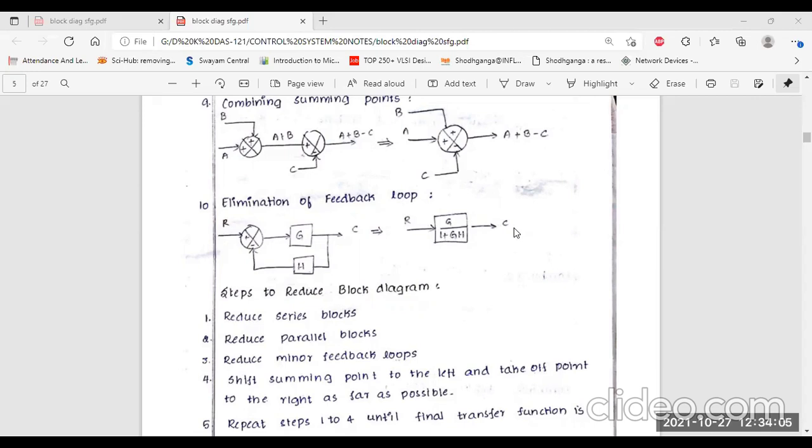Clear? These 10 rules are very important for solving block diagram reduction problems.